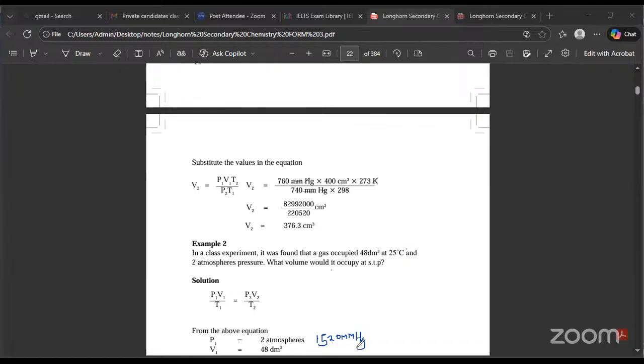Okay, so we have everything. We identify that P1 is 1520. Excuse me, I might not use the units, but I will advise you to use the units. Please make sure that you have written the units so that you don't get confused.